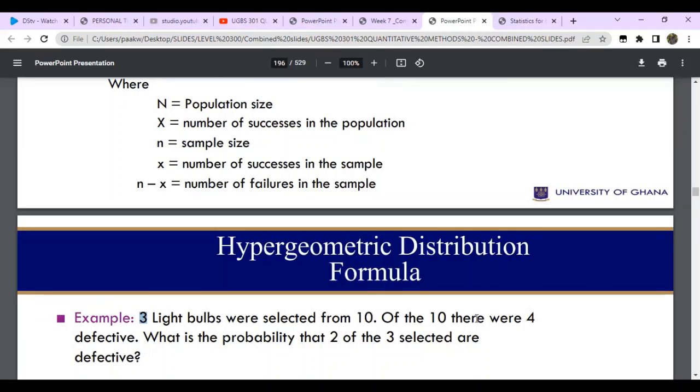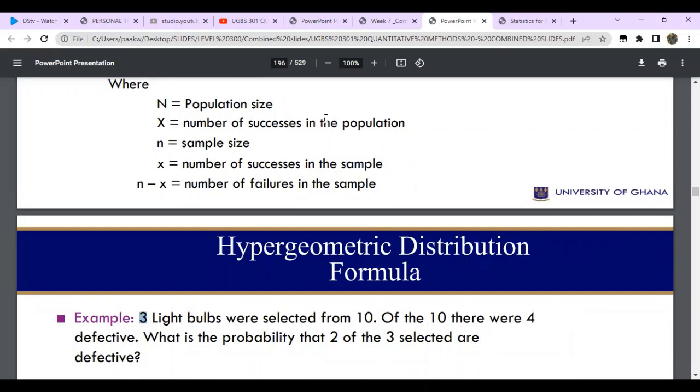Of the 10, there were 4 defective. So here, defective is our concern. So defective is our what? Interest. So defective becomes a success for us in this type of question. So of the 10, there were 4 defective, meaning the 4 here is our big X. Big X is what?